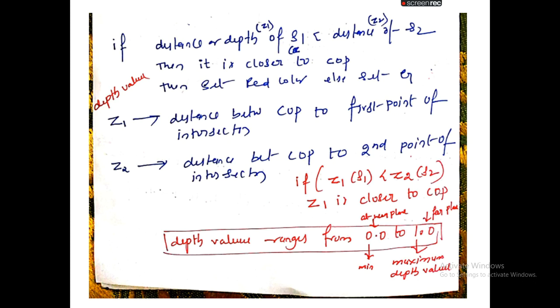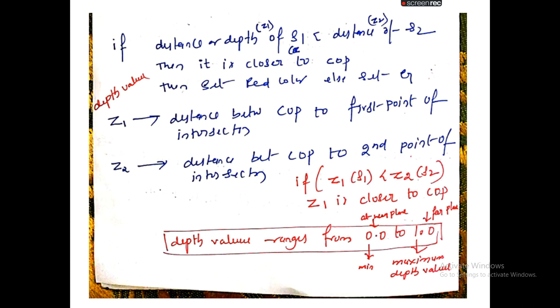Generally, the distance between the view plane and the object should lie between 0.0 and 1.0. If the object lies between 0.0 and 1.0, then you can say that the object is present inside the viewing volume. We already learned this concept. If the distance is less than 0 or greater than 1, it is out of range.